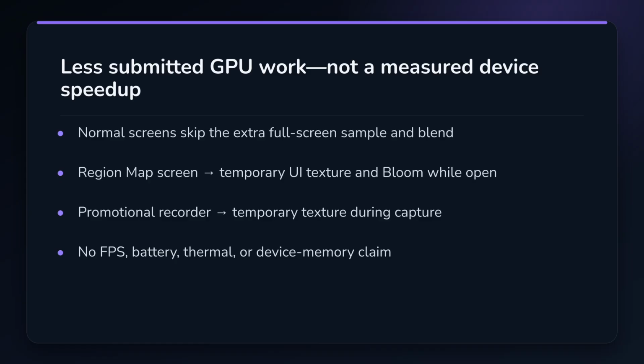The architectural claim is narrower. Normal screens use less GPU memory and submit less full-screen rendering work. The region map still allocates and composites its temporary UI texture and runs the bloom effect while open. Promotional recorders incur their temporary capture cost only while recording.